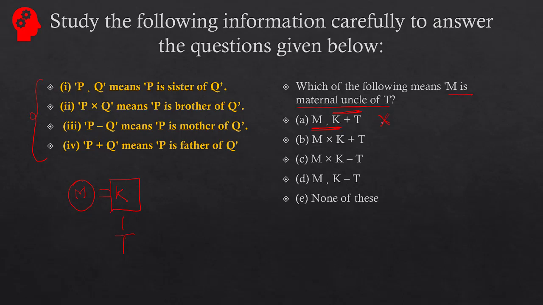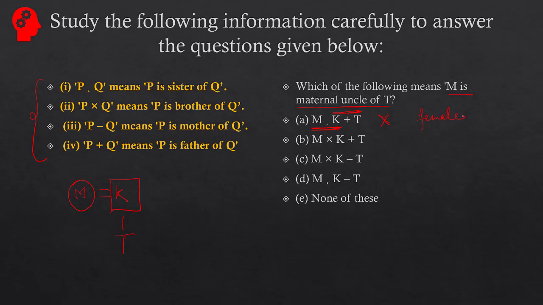There's another way to shorten our process of getting the right answer here. That is, we can eliminate a few of the options even without solving. As in, we can see with the first option itself, when I want M to be a maternal uncle of T, that means M has to be a male person. And when I read M comma K, that means M is sister of K. That means in option number A, M is coming out to be a female.